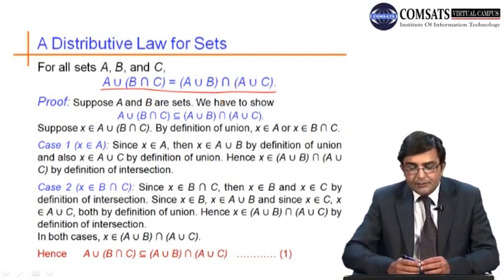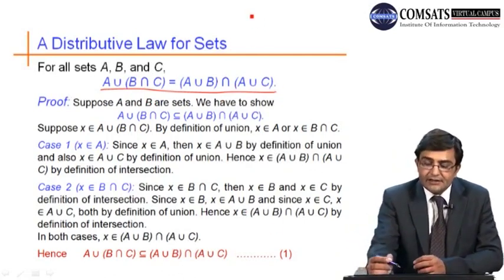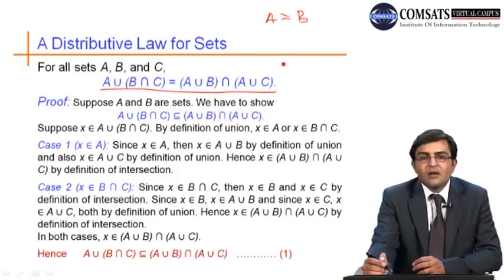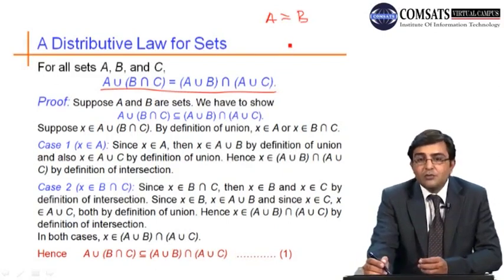As in the previous lecture, I have told you one identity: if we want to prove two sets to be equal, A equal to B, then how do we prove it?